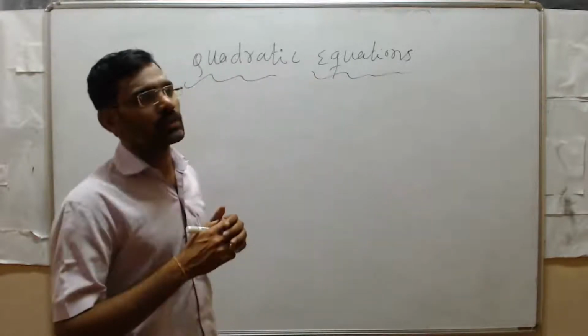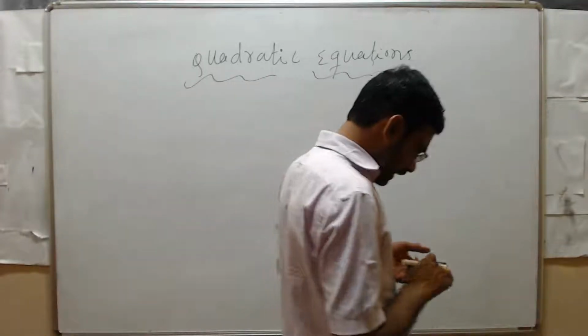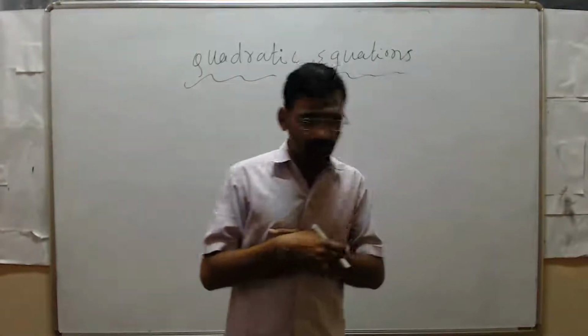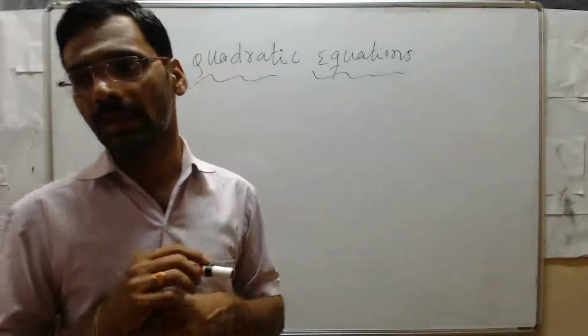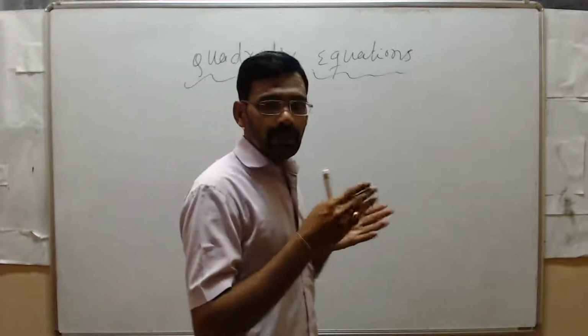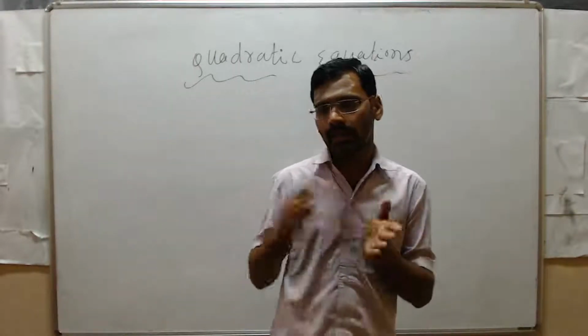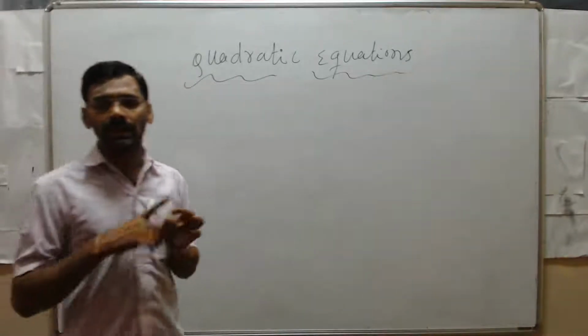Now quadratic equation. So what is quadratic equation? Okay, in the 9th standard, we all learned the chapter polynomial. In that polynomial, there are different types: linear polynomial, quadratic polynomial, cubic polynomial.